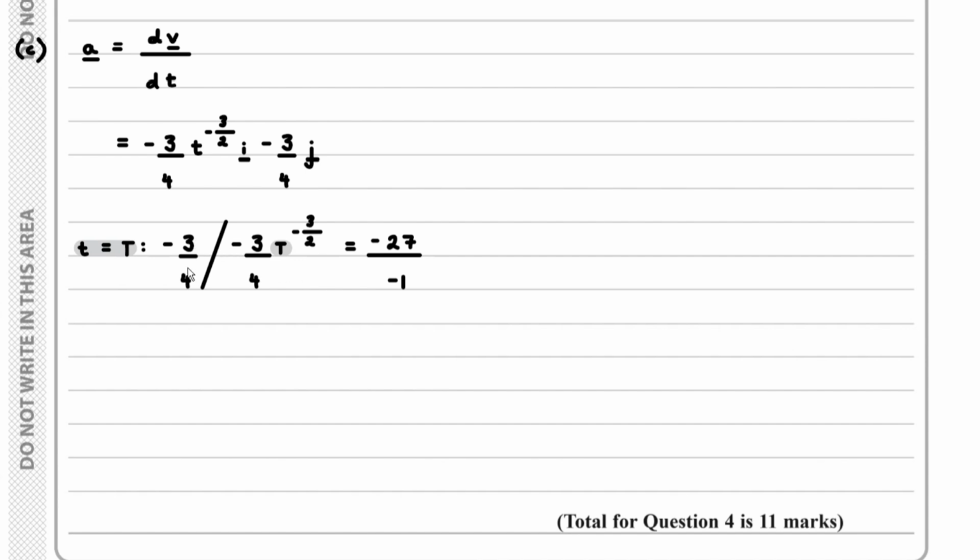On the left hand side, -3/4 over -3/4 simplifies to 1. So we have 1 over T^(-3/2), which is T^(3/2), and -27 divided by -1 is 27. So T^(3/2) is equal to 27, meaning T is equal to 9.